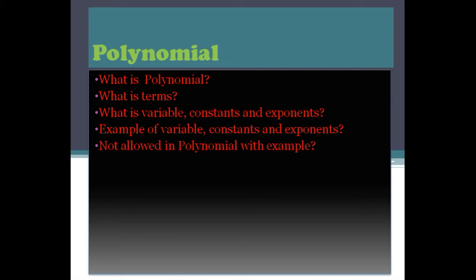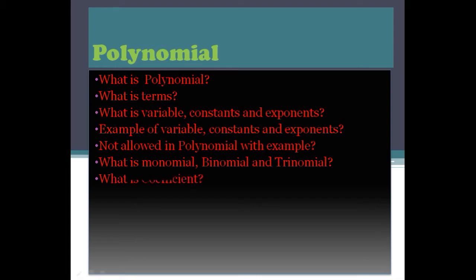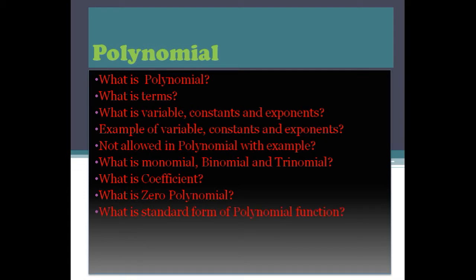What is not allowed in polynomial, with examples? What is monomial, binomial and trinomial? What is coefficient? What is zero polynomial? What is standard form of polynomial function? What is degree? And last, different ways to calculate degree.